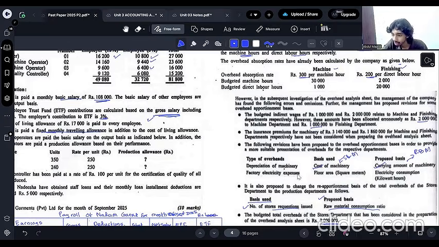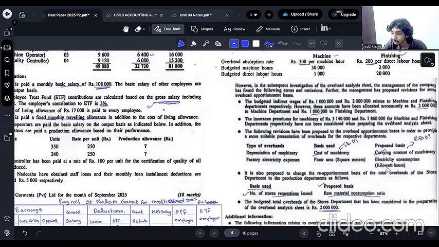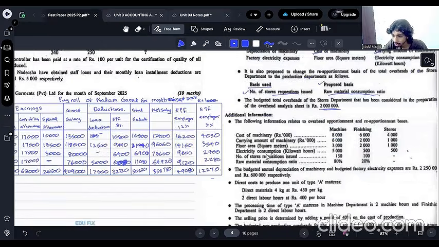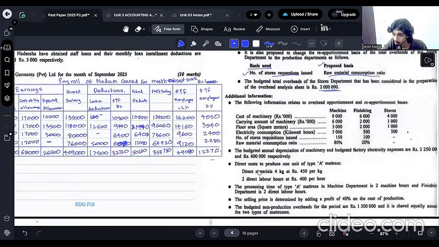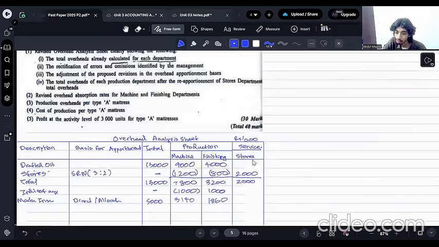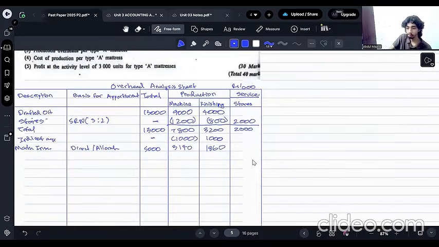The factory electricity, already they have divided based on floor area. Now they want to divide it based on electricity consumption. Now we'll do that. Here, depreciation: how much is the depreciation? The budgeted annual depreciation of machinery and budgeted factory electricity are 2,250,000 and 600,000 respectively. First of all, we'll remove it based on the old method.